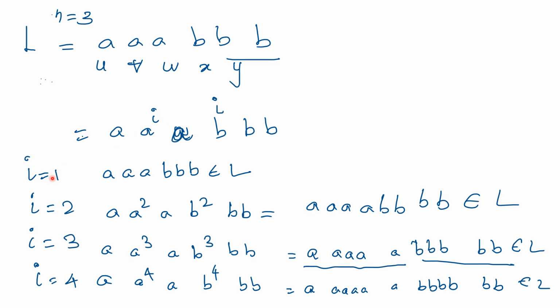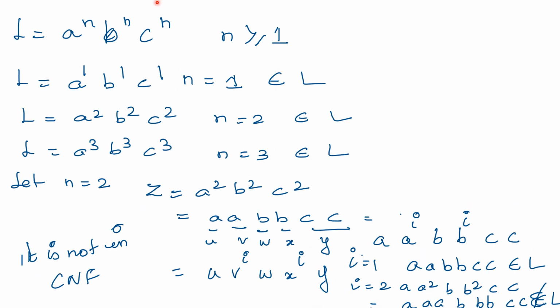Initially i is equal to 1, always greater than or equal to 1. Then i equal to 1, i equal to 2, i equal to 3, i equal to 4. i equal to 1 still belongs to the language, because it is triple a and triple b. Then i equal to 2 also: 4 a's and 4 b's. Then i equal to 3: 5 a's and 5 b's, like that.